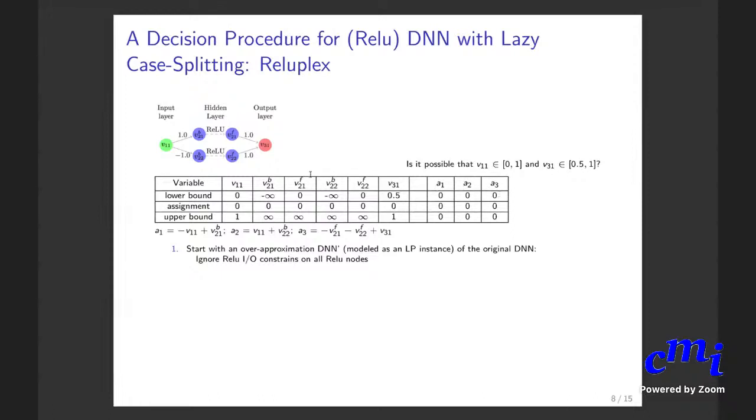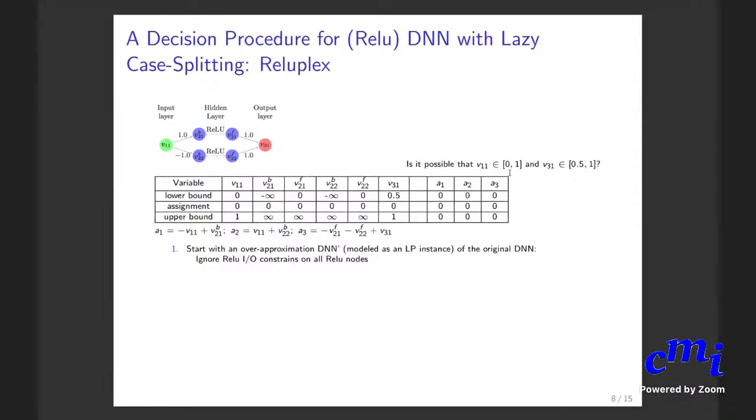Now the constraints on all these A1, A2, and A3, since they represent just equations, the upper and lower bound have to be 0, because this defines an actual equality, and that's why equality is expressed with lower and upper bound both being 0. Now, there can be a property that you want to prove, which has an assumption on the input variable, and some constraint that you expect to hold on V31.